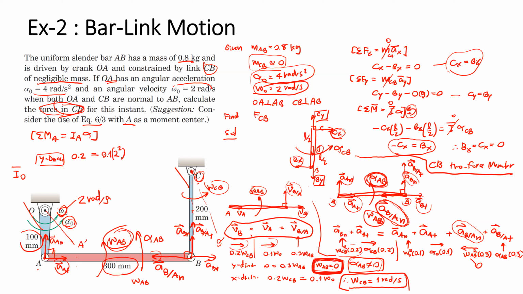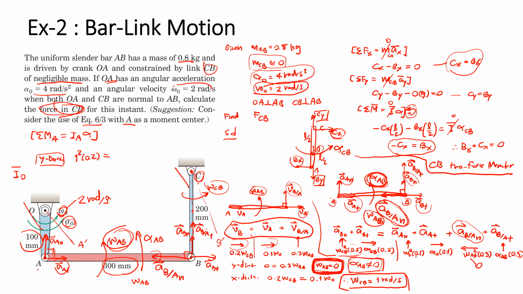Yeah, to make it clear for you, I should substitute. Omega CB is 1 square multiplied by 0.2.